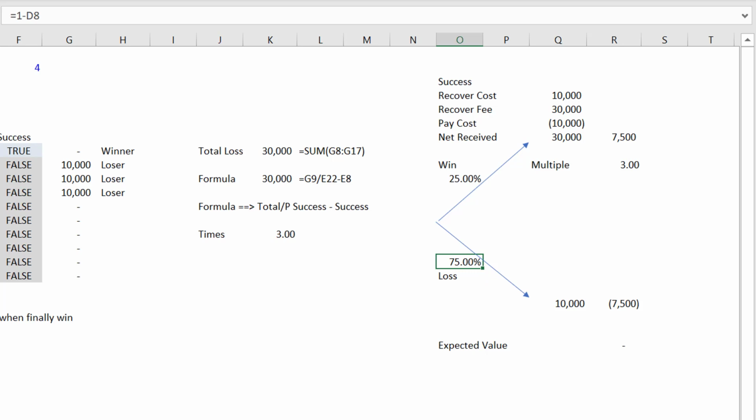Now when you win, here's what you do. You get to recover your own cost. That could be different than the other cost. And then you're going to recover this fee, which is the cost of losing. We're going to have to compute the cost of what happens when you lose in all of these cases.